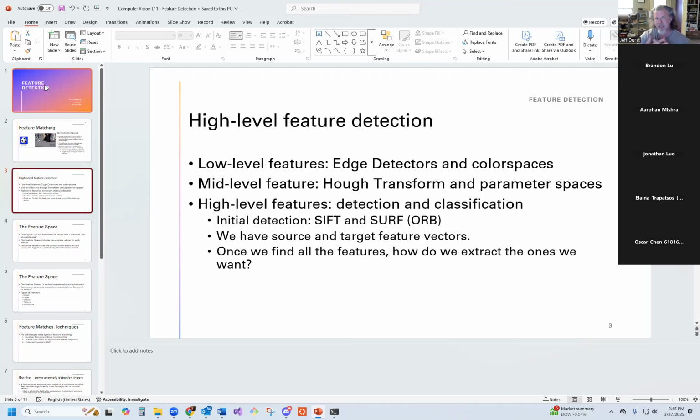High-level features, where we're talking about detection and classification, that is where we work in the feature space, right? So we've gone not only from a low-level task where we're working with the pixels, and we sort of move past that mid-level space where we're looking at parameters that still make a lot of sense to a person. I can look at a hue space and a hue transform and understand the R theta of it all.